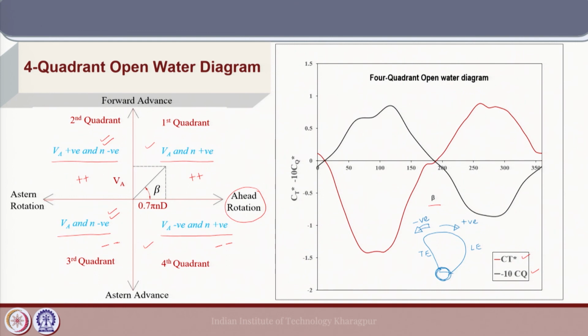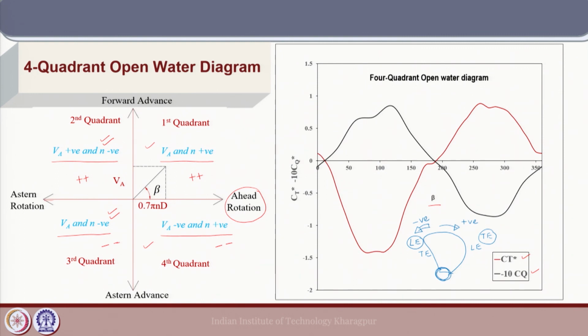Now, the propeller geometry is very much different towards the leading and trailing edges. So, when it rotates in the reverse direction, this will become the leading edge now and this will become the trailing edge, because by definition the edge which meets the water first will be the leading edge.